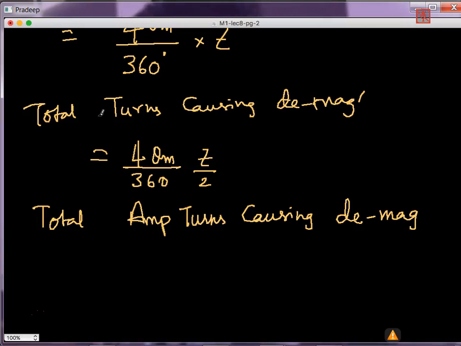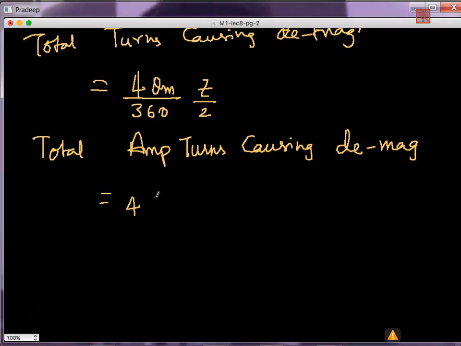How to convert turns into ampere turns? Just multiply by I. So 4 theta m by 360 multiplied by Zi by 2.